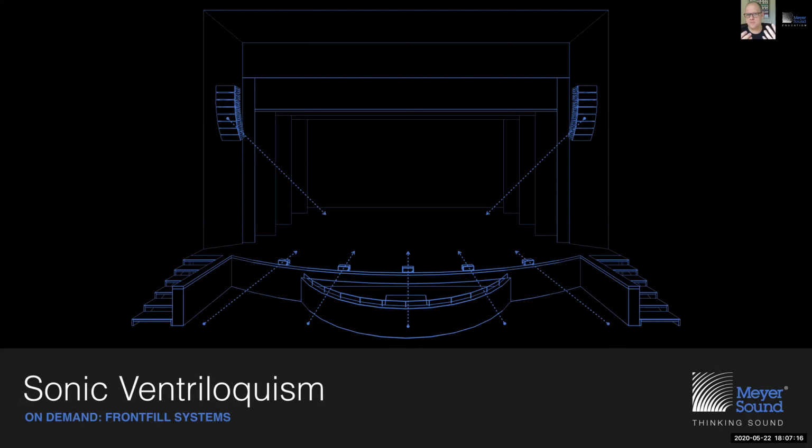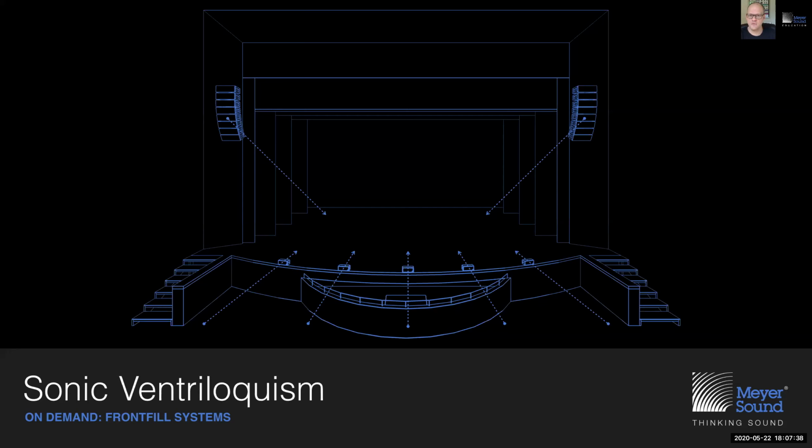And because we get to put them on the stage or close to the stage edge, it also allows us to pull the image inwards, towards the general direction of the subject, hence sonic ventriloquism. So it favors localization in favor of typically what are money seats.